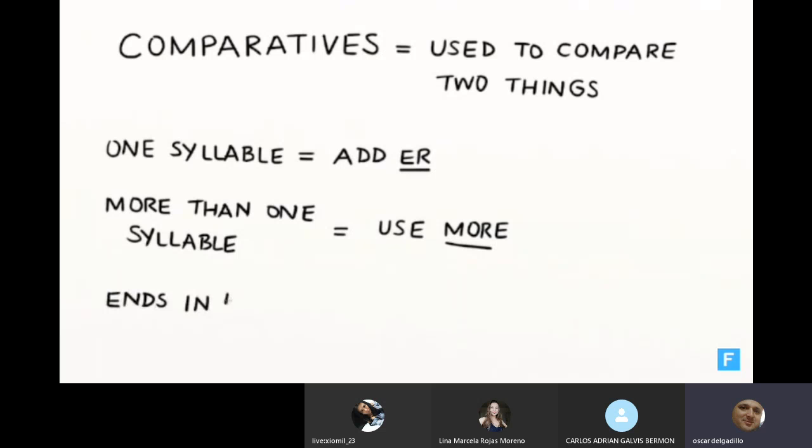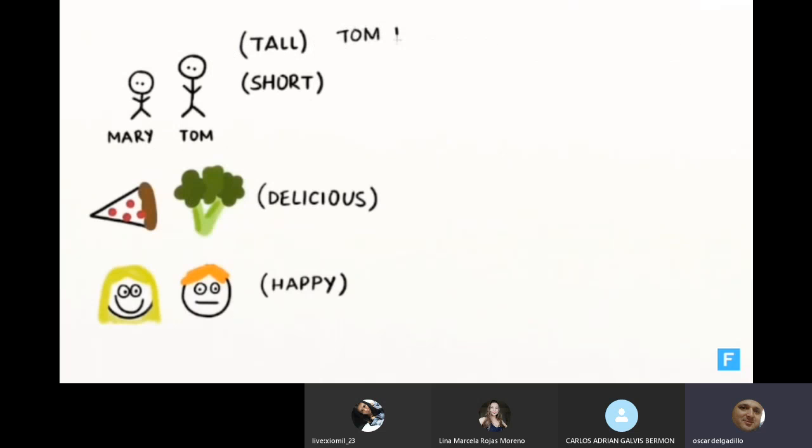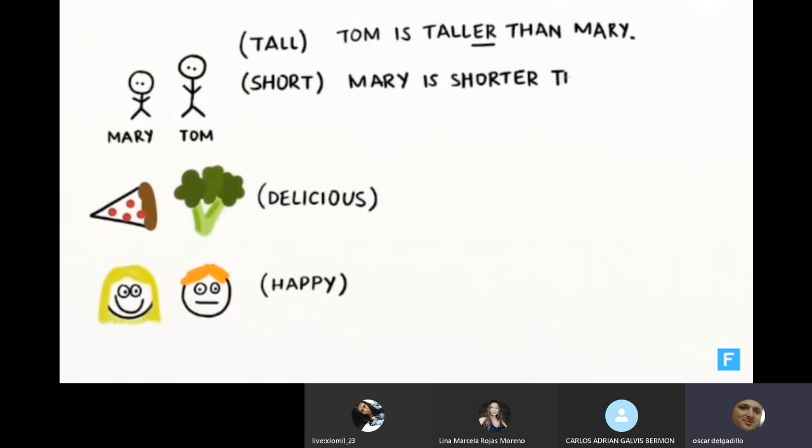And when we have an adjective that ends in y, we must drop the y and add ier. Let's look at some examples. Tom is taller than Mary. Mary is shorter than Tom. Tall and short are both one syllable, so we add er.